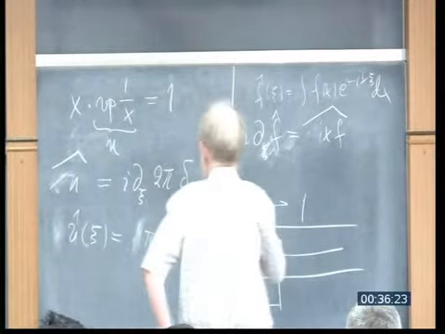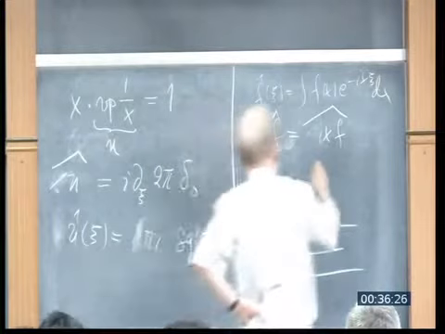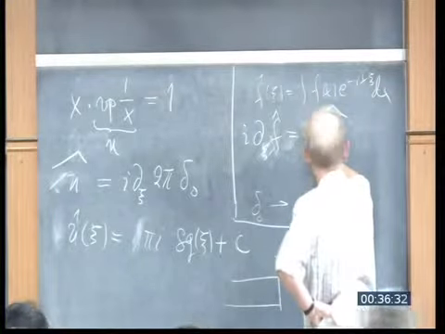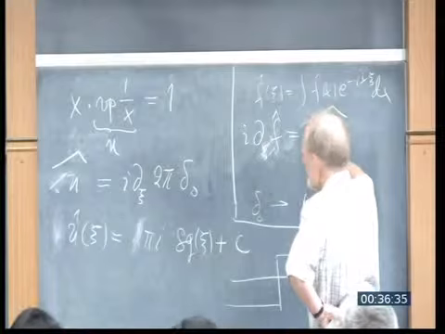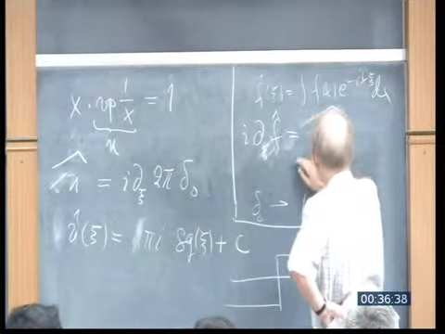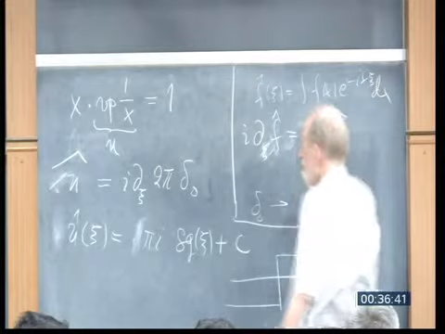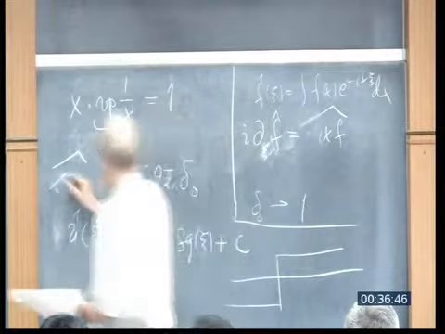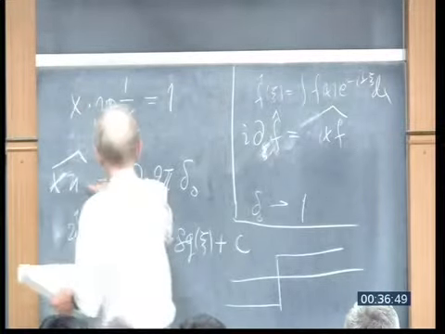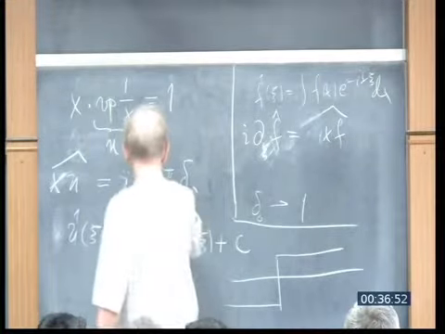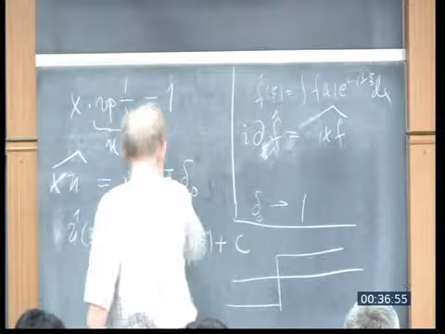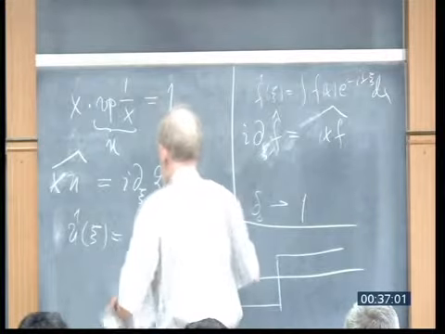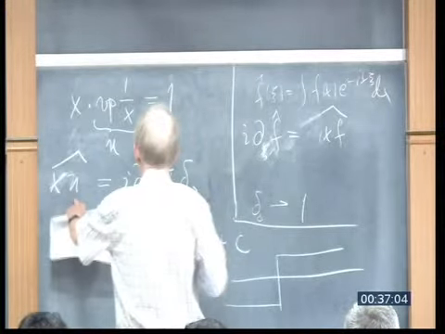What did I do wrong? X u hat should be the derivative of the Fourier transform of u, not of 1. Yes. Derivative of u hat, it's d c u hat. Yes, okay.